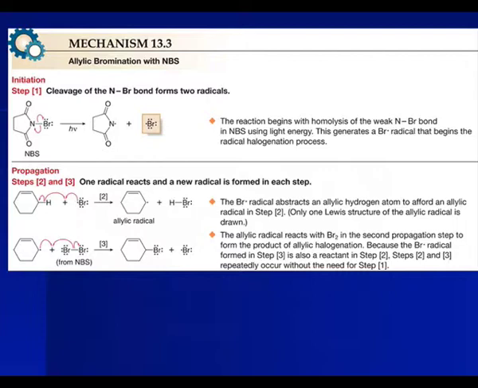So, how do we get molecular bromine from NBS? I just have it written there, Br2 from NBS, as if it just magically happens. What do we know about magic? It's good for Harry Potter movies, bad for science, right? What happens to what? Well, I thought it just did that.